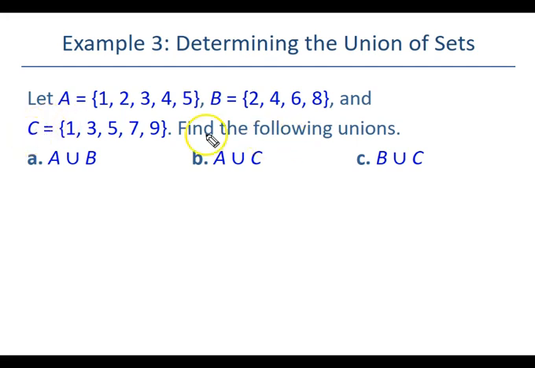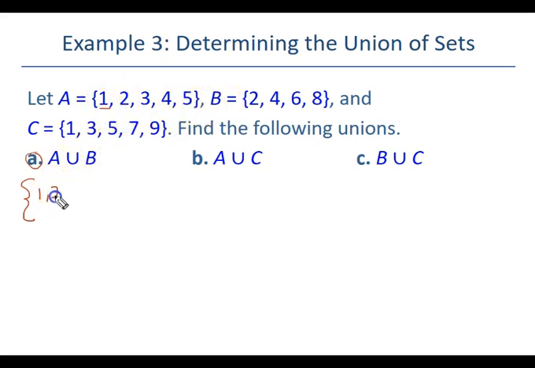So, for letter A here, union between A and B, where you're going to have all of these and all of these, and you don't repeat. So we need a 1.